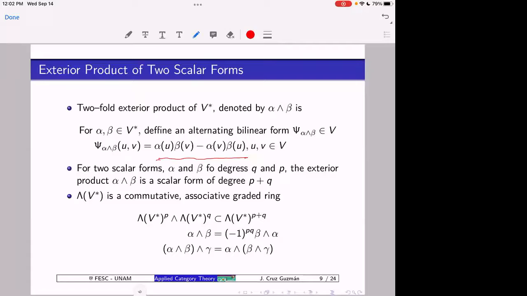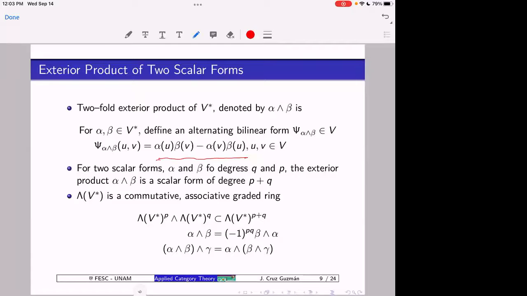Yes, but here we do not have a symmetrical part. Could we define one? It's possible, isn't it? Not here, because we cannot define a symmetric part of the product in terms of scalar forms.